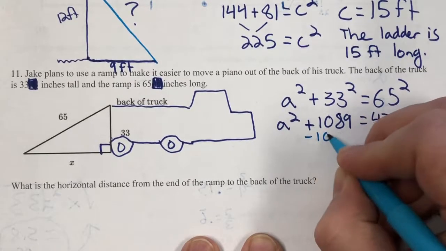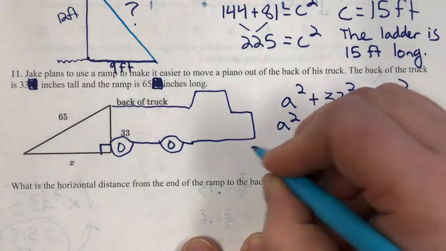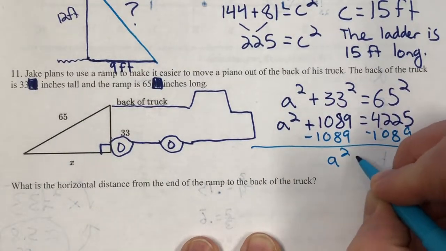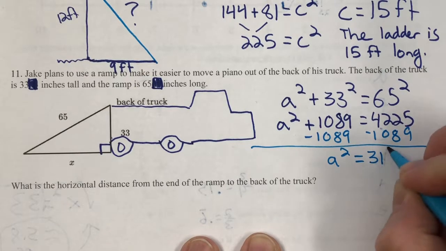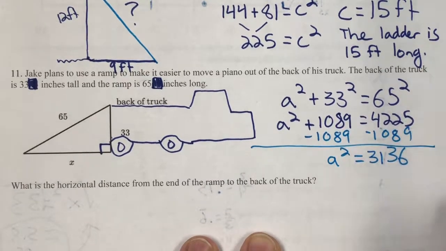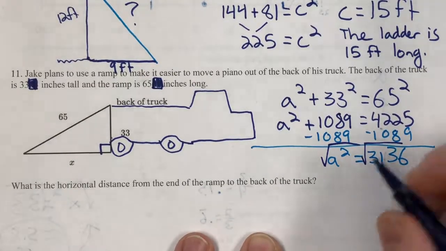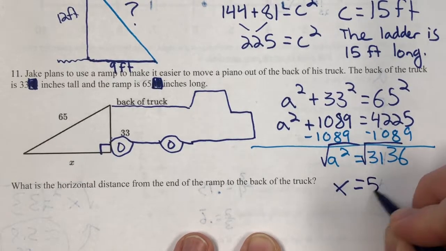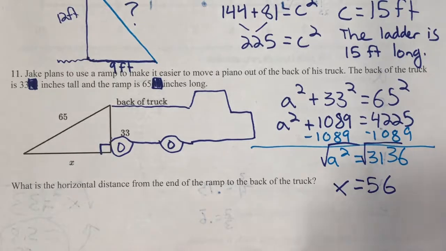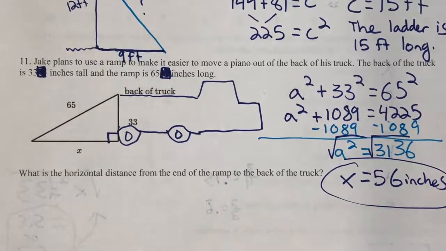I've got to subtract these from each other. So I get a squared by itself equals 3,136. And when I take the square root of both sides, I get an exact answer: x, that missing side, equals 56. And that's 56 inches. So 56 inches long is what we're looking at. Make sure you put that label there.